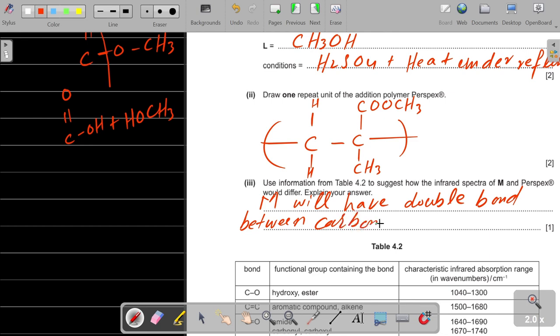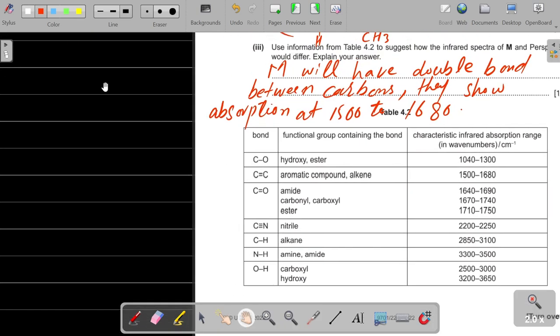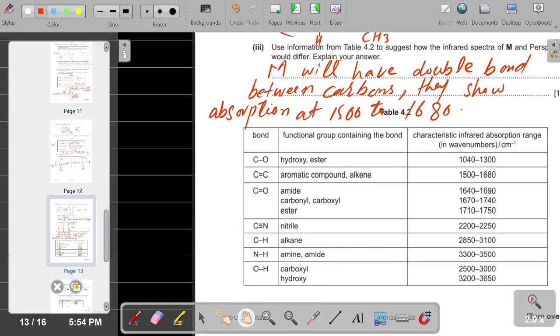So now their peak will be around 1500, and they show absorption at 1500 to 1680. Okay. So now we have this next one.